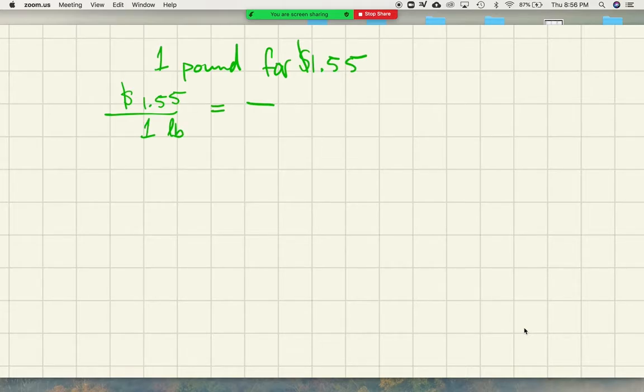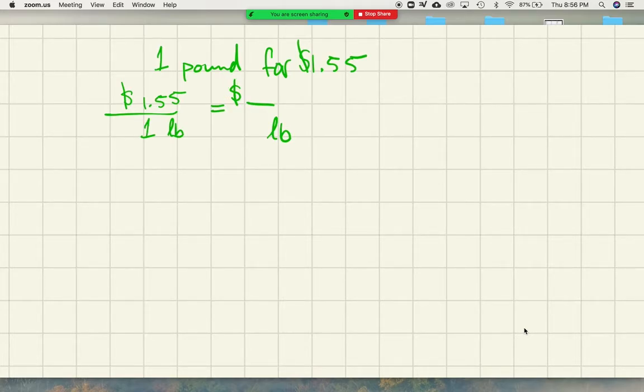So if the ratios are going to be equivalent, if you're going to put an equal sign in between, then if you put dollars on top here, you have to put dollars on top on the other side. If you put pounds on top, then you would have to put pounds on top. But we did pounds on the bottom and dollars on top.